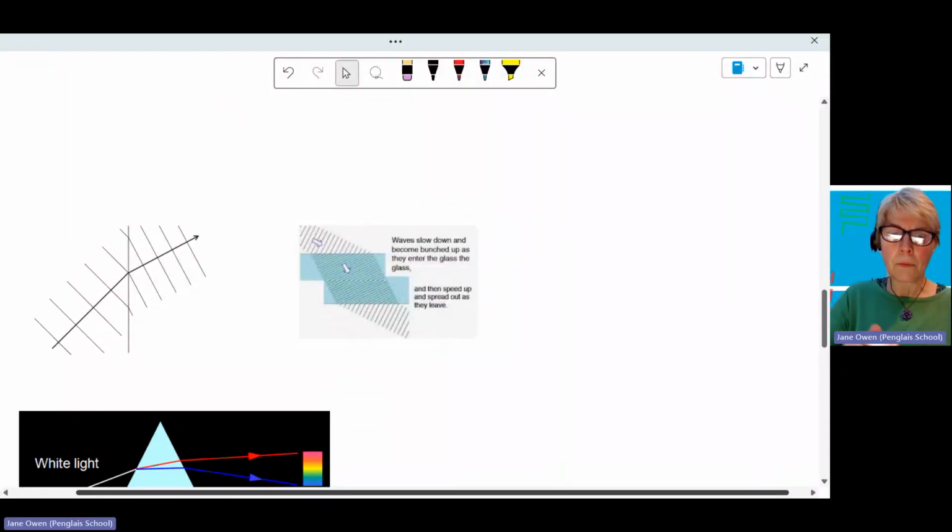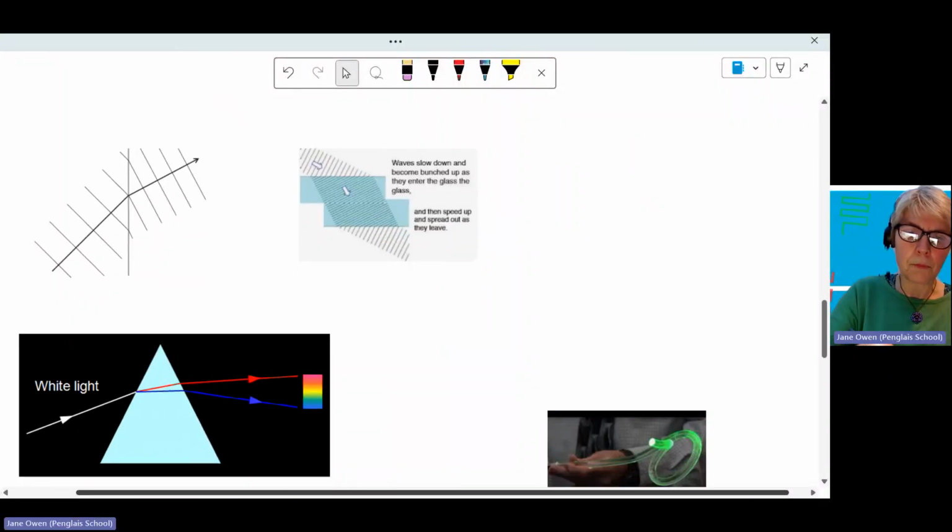So these are plane wavefronts, and they're plane wavefronts because the wave is at right angles. This is the plane wavefront here. It's at right angles to the wave direction. So this is the plane wavefront and this and this. And then this is the wave direction.